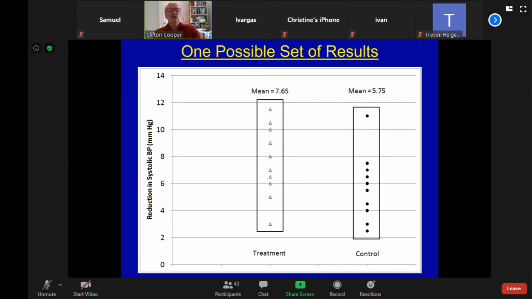And notice up the left-hand side, that's showing how much the blood pressure has been reduced. So bigger numbers are better here if you're looking at whether the drug is effective. Which drug appeared to be most effective? The real one or the fake one? The real one? Yeah. Was it convincingly effective?